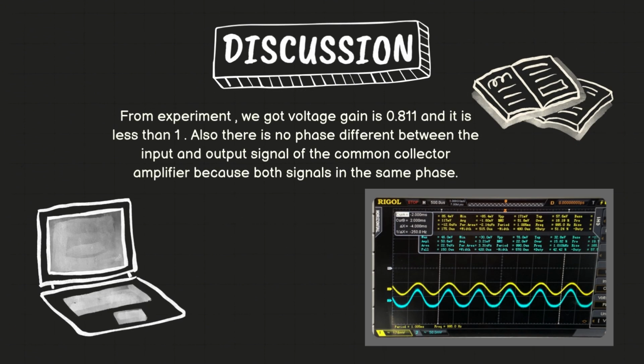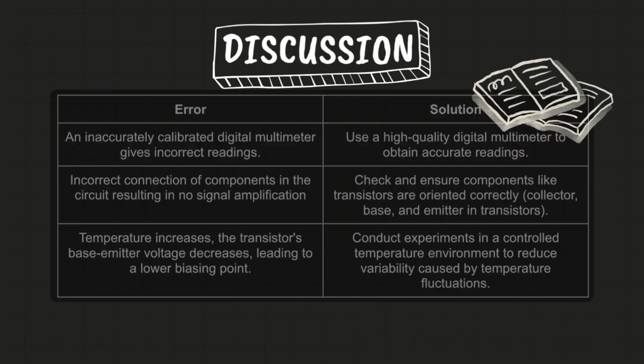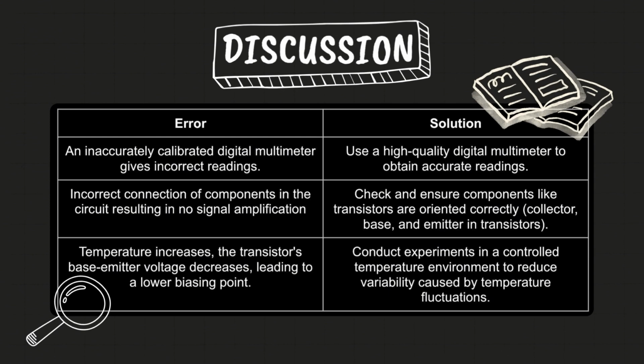Next, from the experiment, we got a voltage gain of 0.811, which is less than 1. Also, there is no phase difference between the input and output signal of the common collector amplifier because both signals are in the same phase. There were a few errors during the experiment.